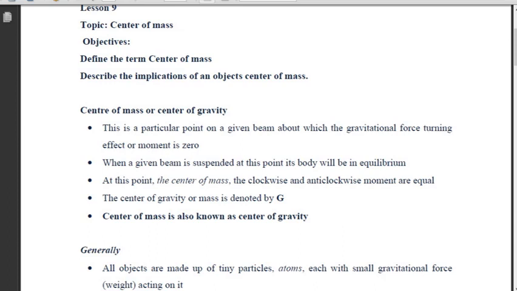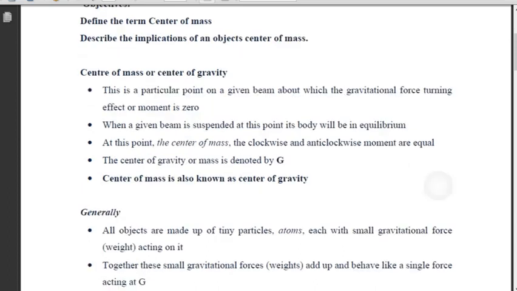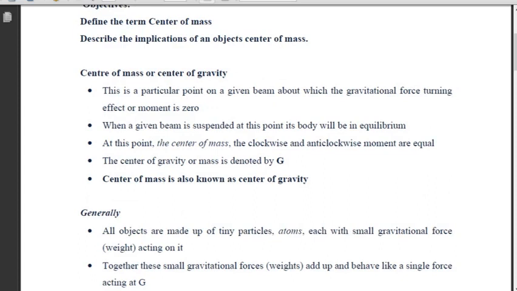Okay, so why I gave the example of the kids sitting on the seesaw was that when they are balanced, when you have Rita sitting that side and Devin sitting that side, and let's assume they have the same mass, or maybe one is heavier, even if they have different weights, we found that if they sit at certain positions on that seesaw, they will be able to have an equilibrium.